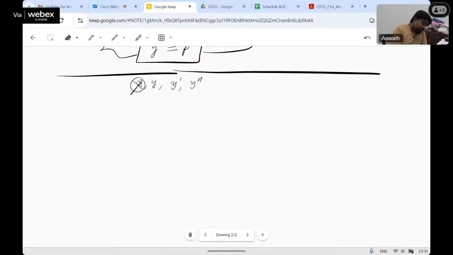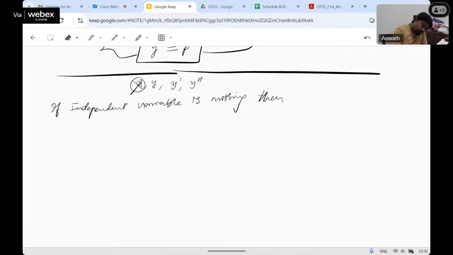If the independent variable is missing, then you do the same introduction. y prime is equal to p, but remember y double prime is equal to dp by dx.